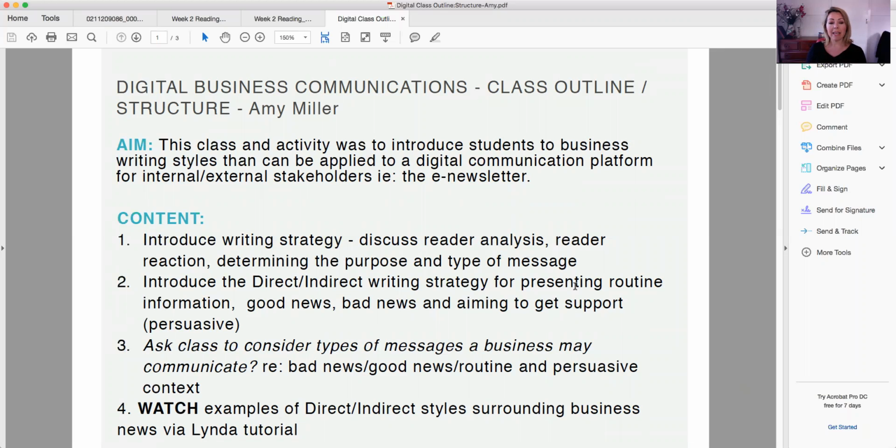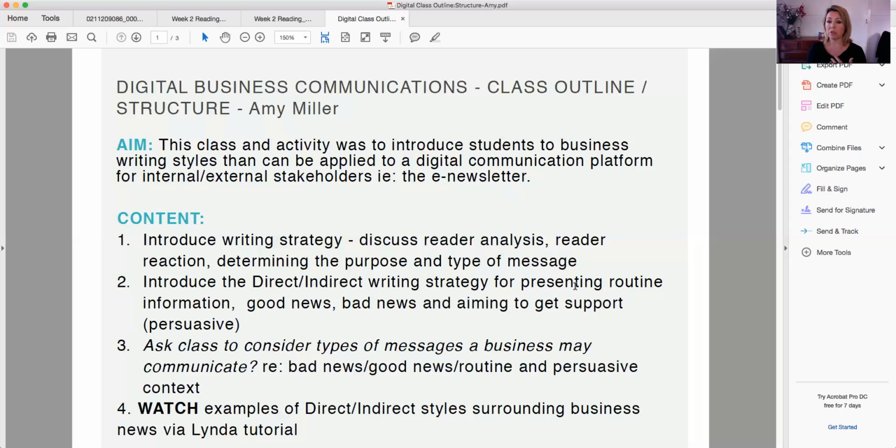I then introduced what's called direct and indirect writing strategies, and this style of business writing, as many of you would know, is developed or helped to present information which may be routine for a business, maybe some good news that a business wants to share with their stakeholders, maybe there's some bad news that they want to share with their audiences or customers, and potentially there's also an opportunity to maybe gain people's support.